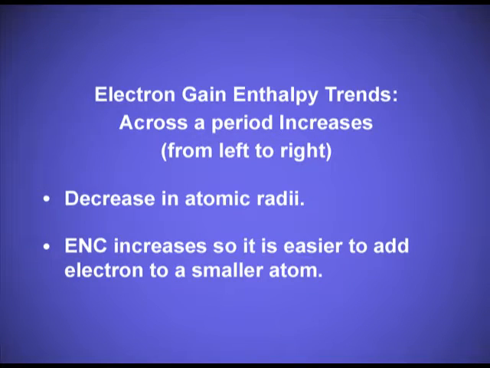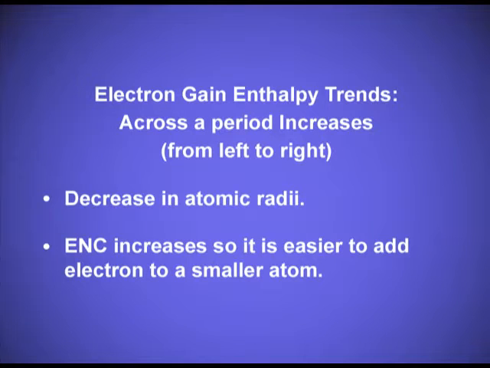Electron gain enthalpy increases across a period. It is because of the decrease in the atomic radii from left to right in a period. When the size decreases, the effective nuclear charge increases, so it is easier to add an electron to a smaller atom.